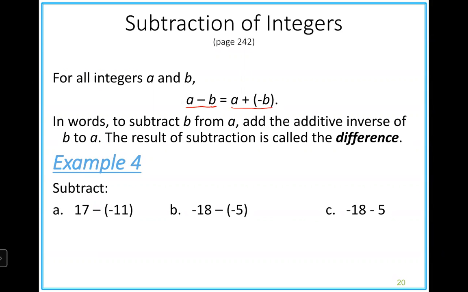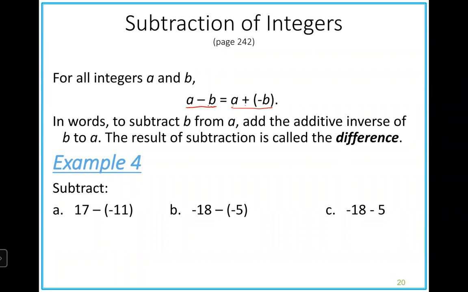And that's what they're showing you here. So you could rewrite A minus B as A plus minus B, adding the additive inverse to A. Okay? And that's a useful way to deal with the subtraction of integers, aside from using your calculator.